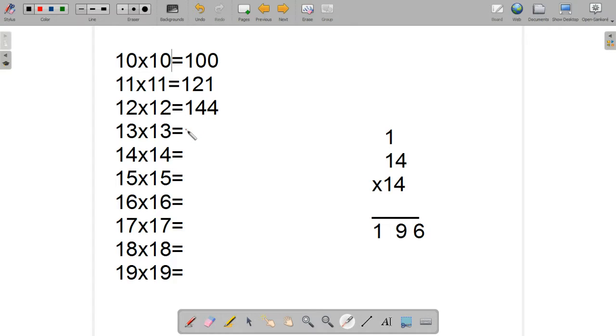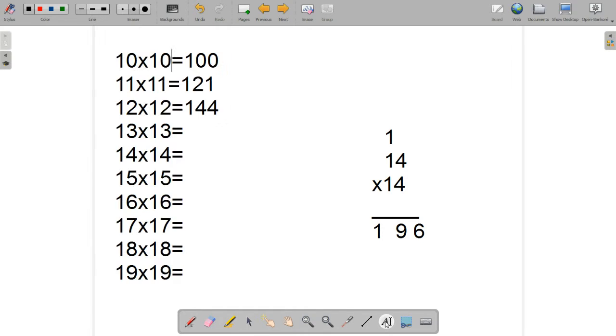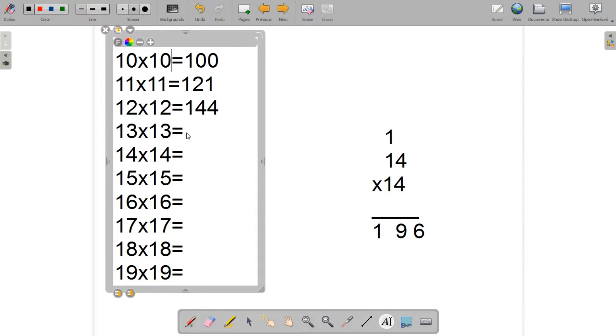So let's try that with all of these. What's 3 times 3? 9. What's 3 plus 3? 6.